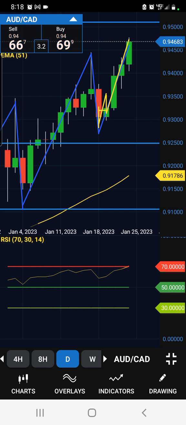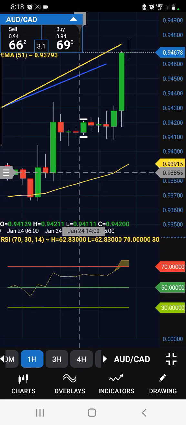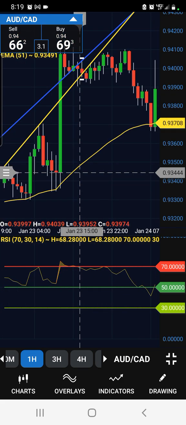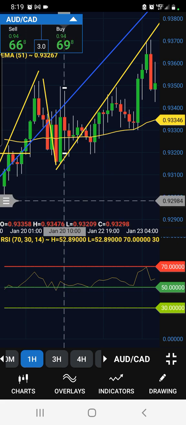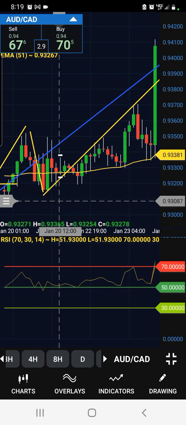Then we got a break of resistance, which formed an inverse head and shoulders pattern. So I waited for price to pull back to resistance, react to it, then a confirmation candlestick, which we got through that bullish engulfing candle right here, which confirmed that the trend was going to continue upward like it did.